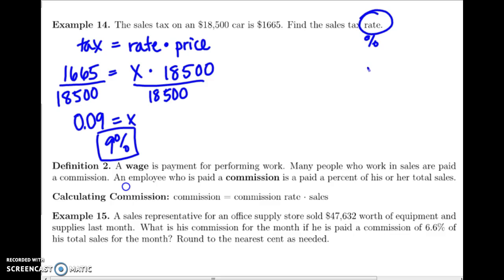We're looking for the percent, so that means we'd put X over 100. And then it's always going to be the tax over the base price. If you call it base price, then it makes sense it's the base. 1,665 over 18,500. And I won't go through solving this one. Of course, we end up with X is just equal to 9. You don't have to convert. You immediately get your 9.